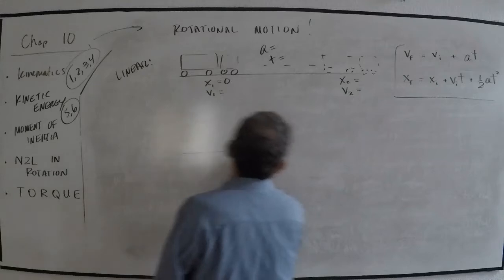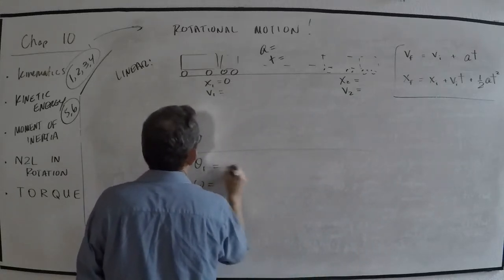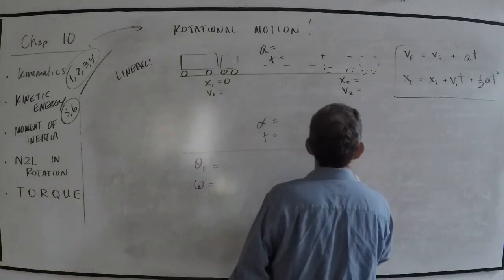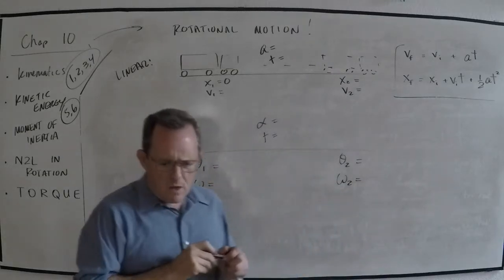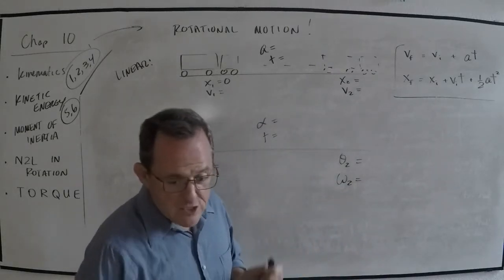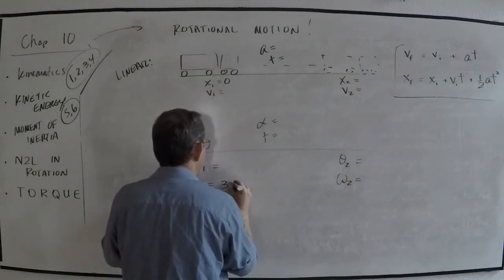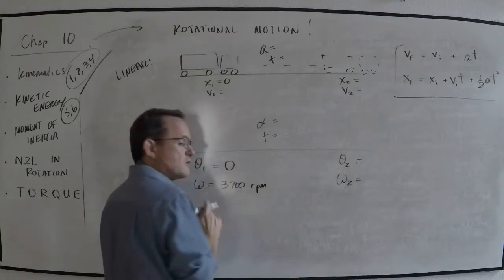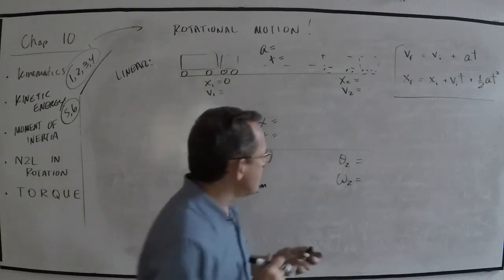Well, get ready to set up your information. What are you going to need? Theta, omega, right? Alpha, t, theta, omega. Okay? What do they give you here? It starts off at 3,700 RPM. So we have 3,700 RPM. Of course, your initial position is 0. And then it comes to rest.